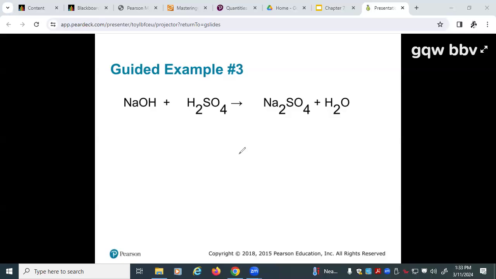And it's the same kind of thing that we saw. So sodium, hydroxide, hydrogen, sulfate, sodium, hydroxide, hydrogen, sulfate. Now you may be saying to yourself, oh, wait a second, I don't see hydrogen or hydroxide in the products.